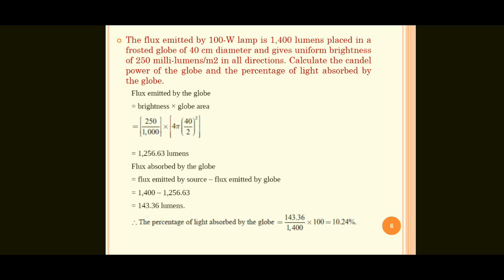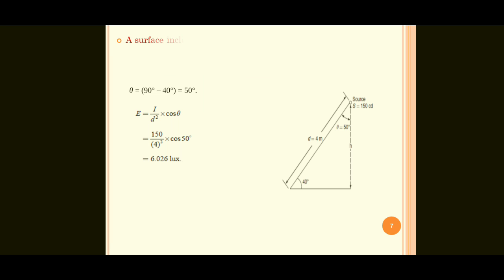So the value becomes 10.24%. That is the percentage of light absorbed by the globe.